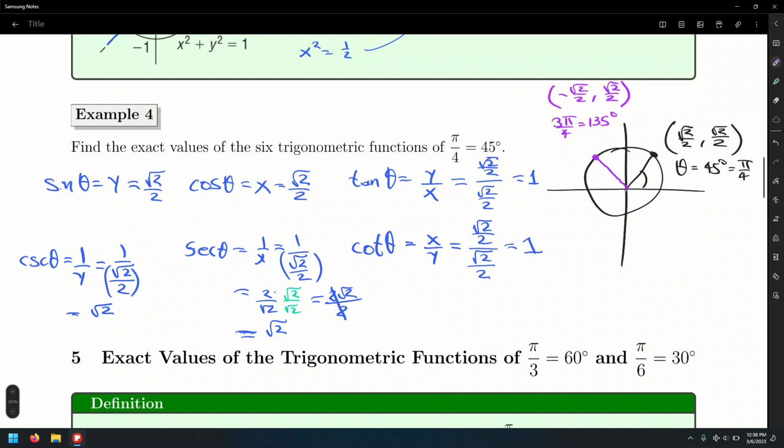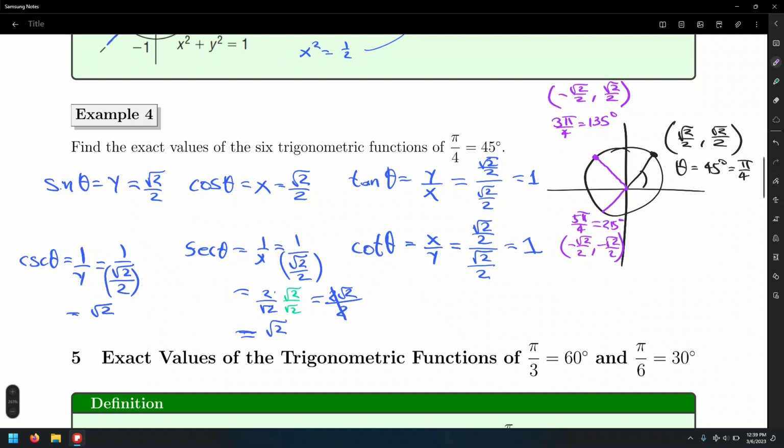We can still do the same for 5 pi over 4, or what's that, 180 plus 35, that's a 210 or 215, I believe. 215 degrees, and in this case, same reference point. However, notice how this is in the third quadrant, and therefore both values are negative.